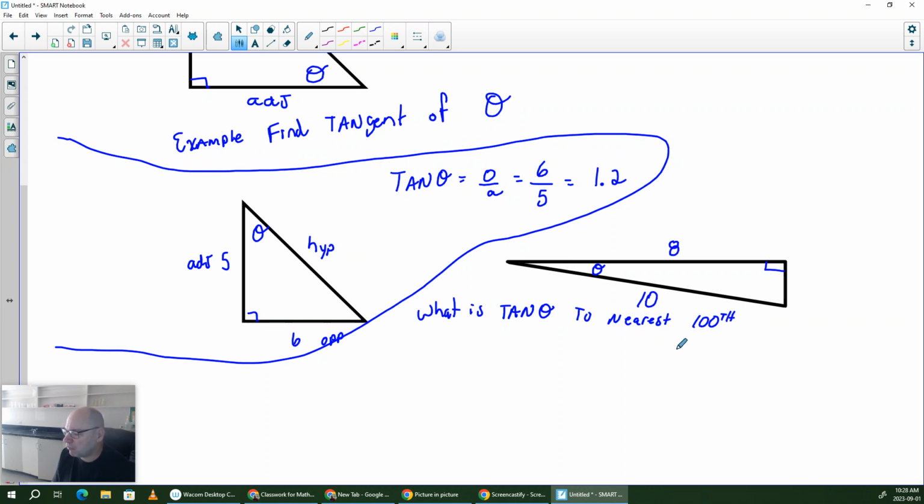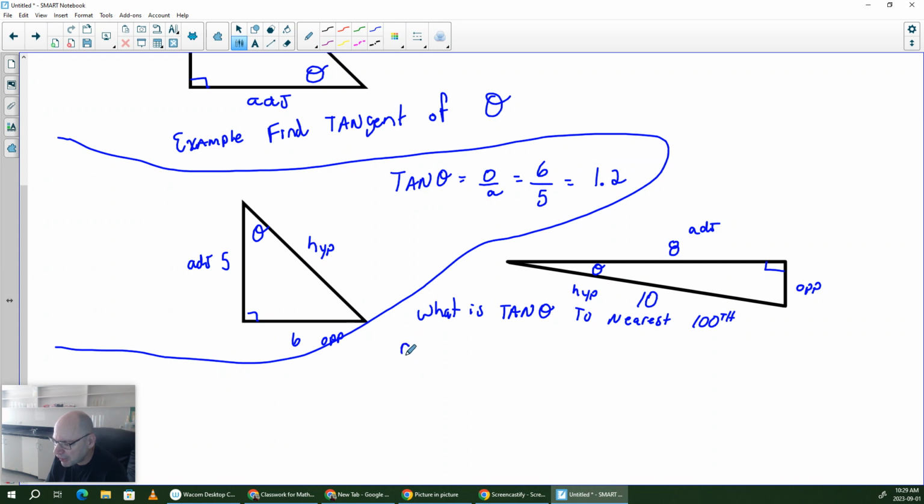Okay, so first step is we have to label what we know. Well, this is the hypotenuse. Okay, and that's the opposite side. And this is the adjacent side. Well, we have to first find the opposite side. So we know that the 2 legs squared equal the hypotenuse squared.